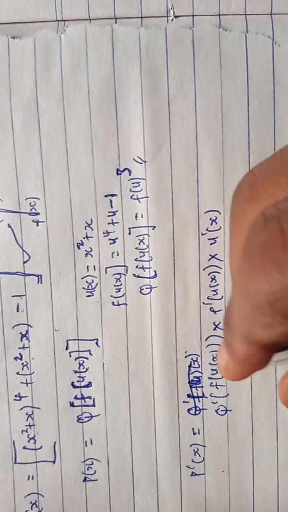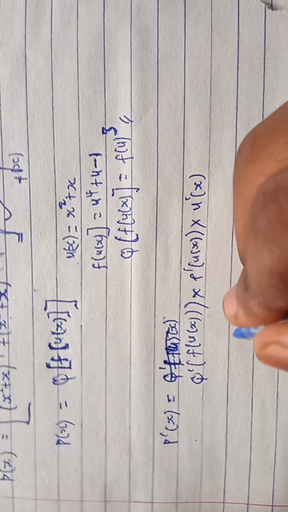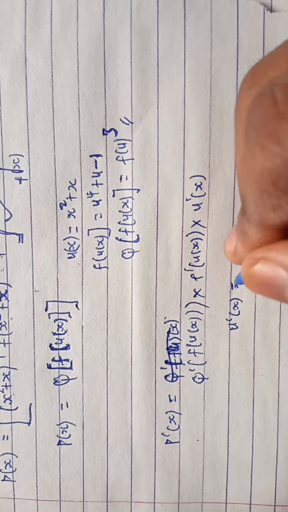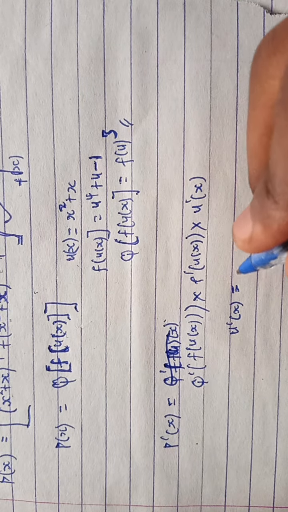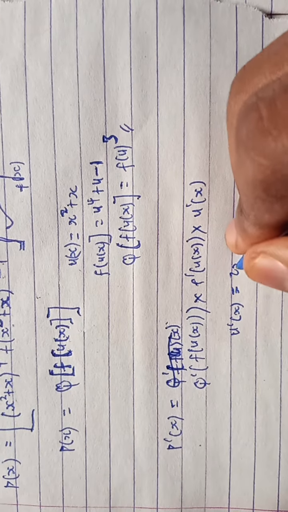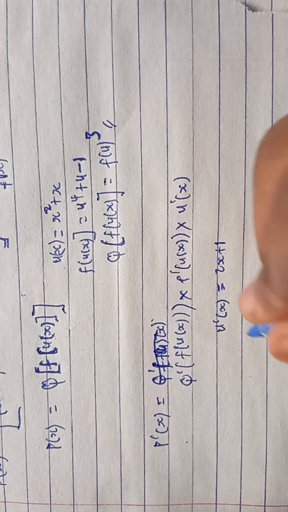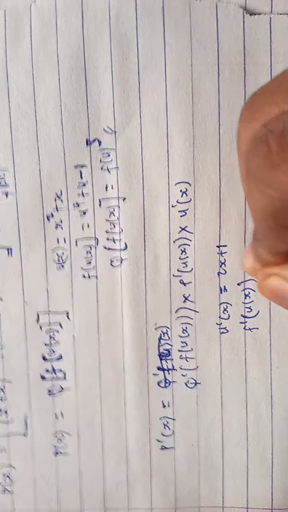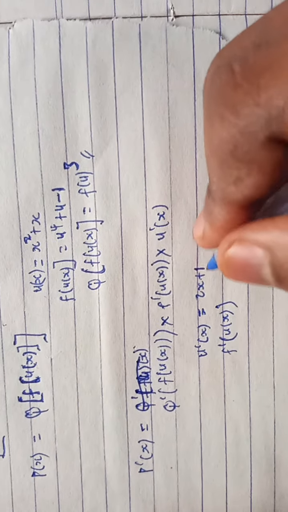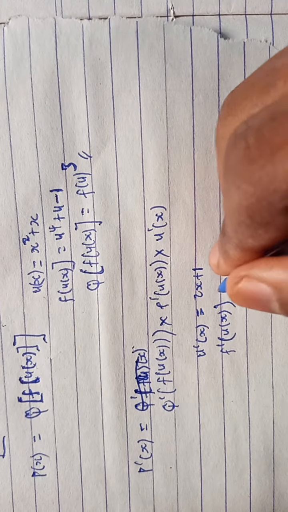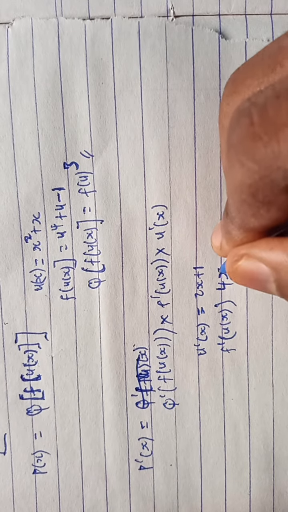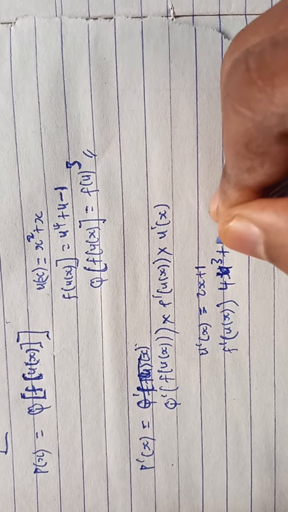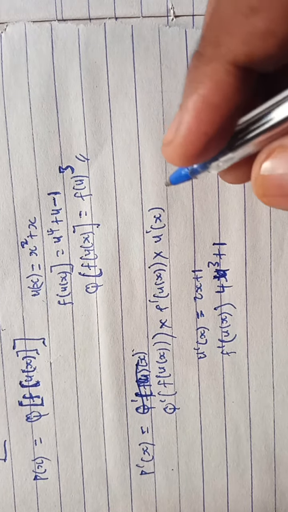Have you seen that, guys? Then u prime of x is what? U prime of x will be equal to 2x plus 1, and then f prime of u of x will be equal to 4u power 3 plus 1. Have you seen that, guys? So this is how it will be.